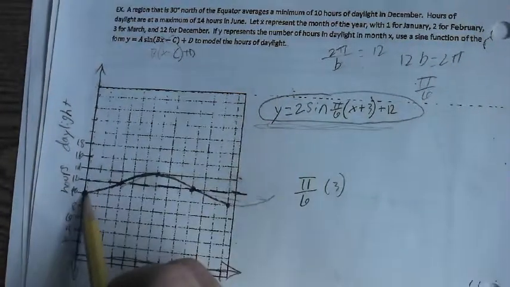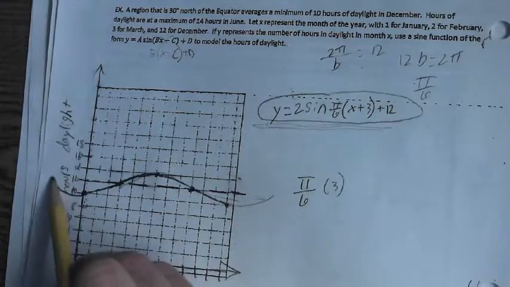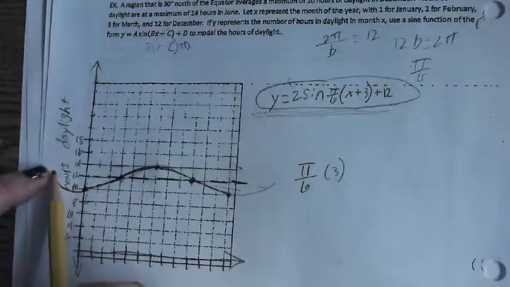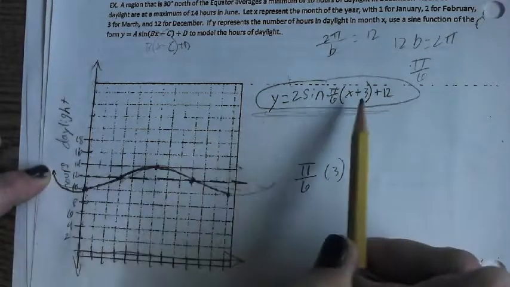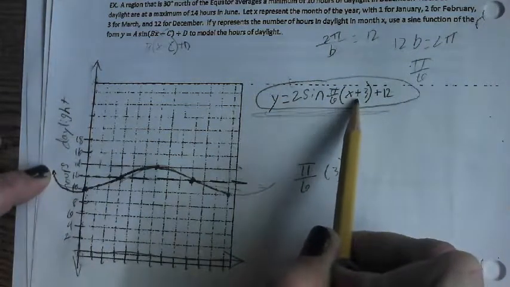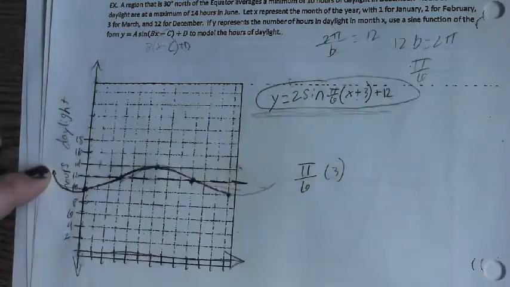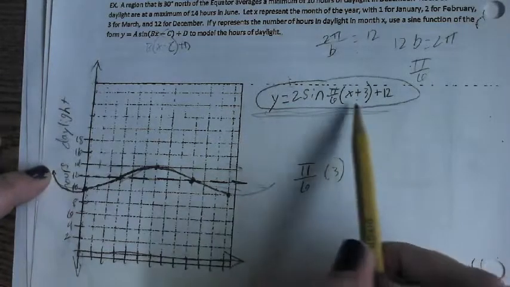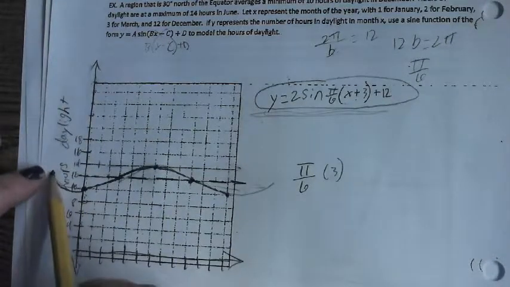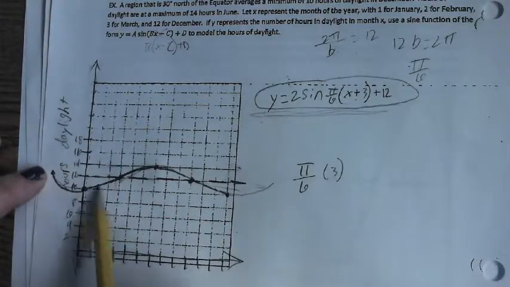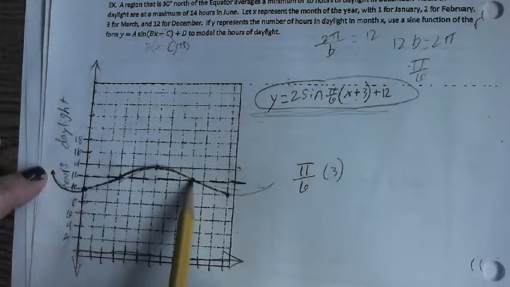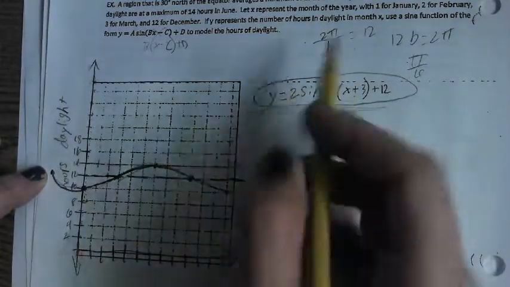Because if you go like this and continue this, this is the start of a sine curve 3 units to the left. So if we argue that that was correct, what would have to be changed? If we argue that this is correct, this does start a sine curve. See, it's starting on the midline, it's going down, then up and back down. It would have to be a negative sine curve.